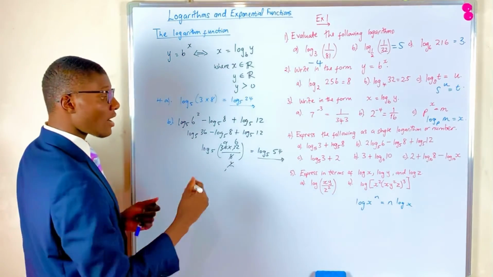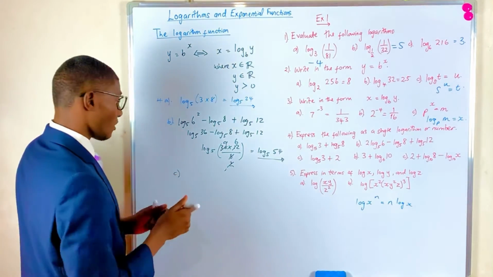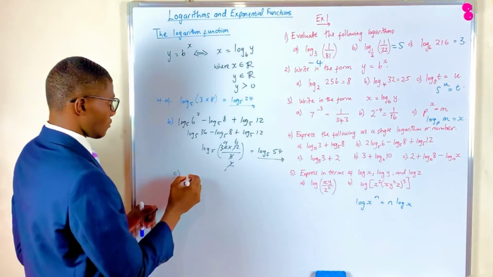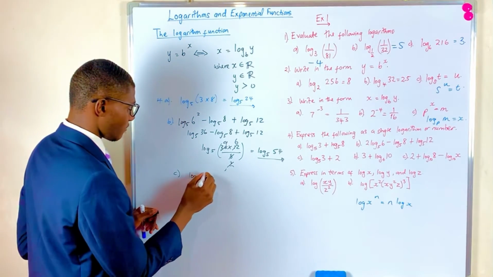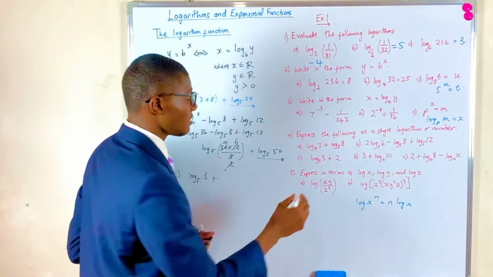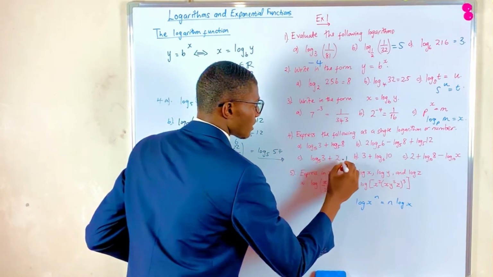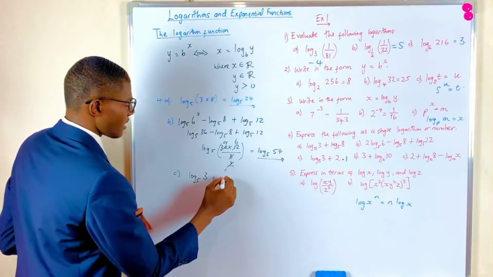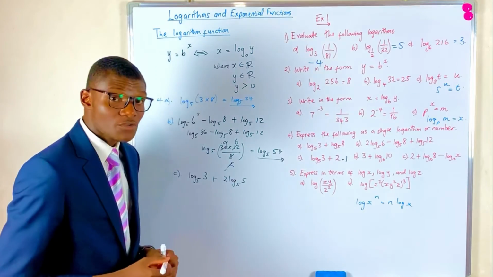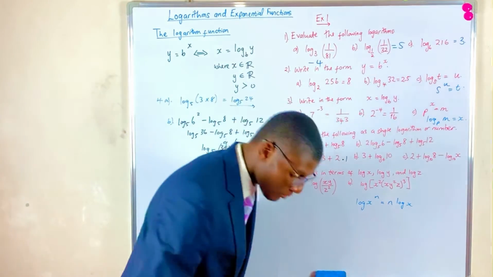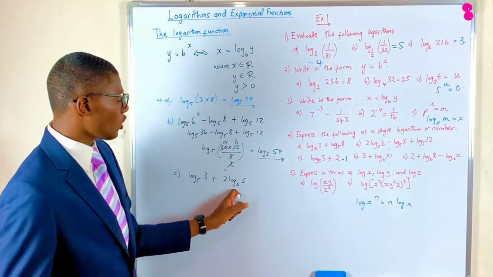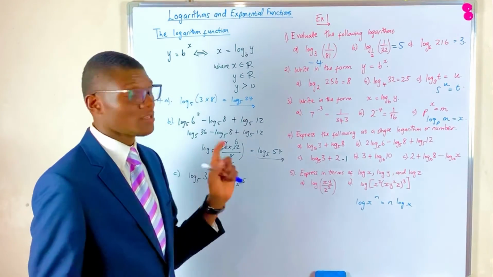And then for part c, we've got log to base 5 of 3 plus 2. But we know that for us to get the 2, we could say this is 2 times 1, such that the 1 is log to base 5 of 5. You still remember that important result that we talked about, when we said log to base b of b will give us a 1.